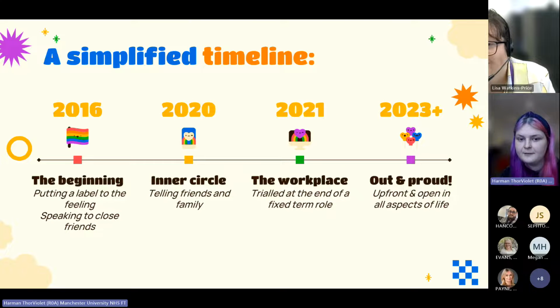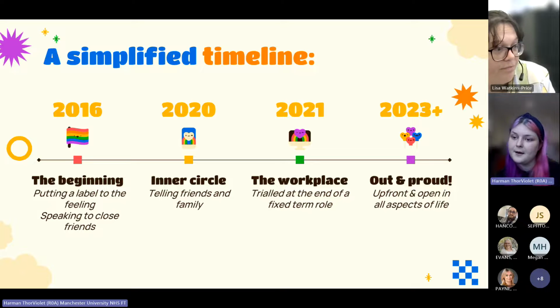And finally, fast forward to very recently and beyond, now out and proud, open in all facets of my life. In fact, recently I secured a job at a new trust, and that was the first time that I came out at interview. I introduced myself with my pronouns, which was a landmark achievement for me.